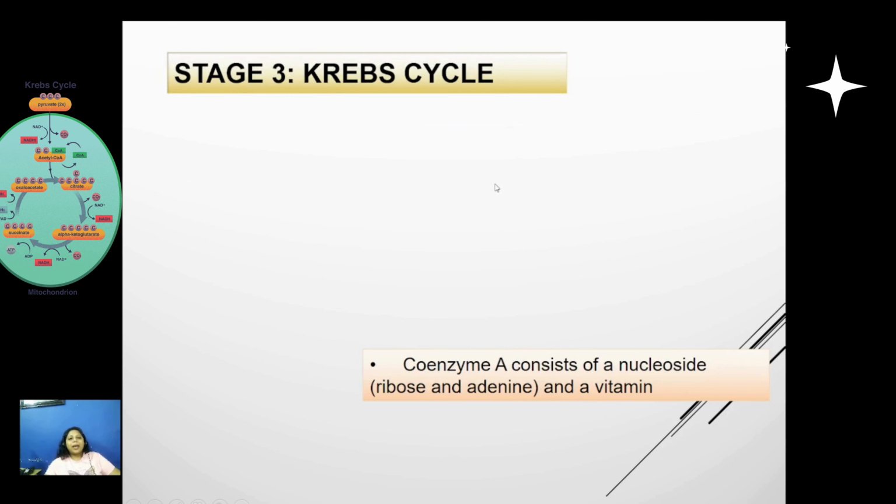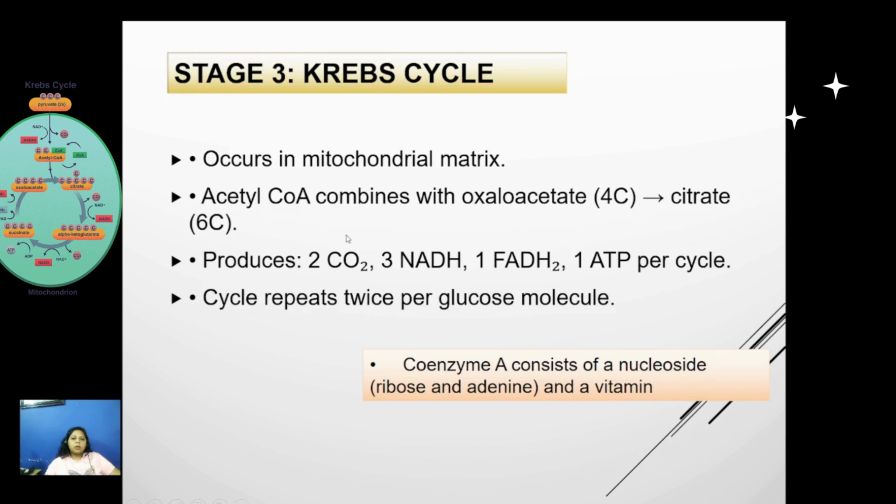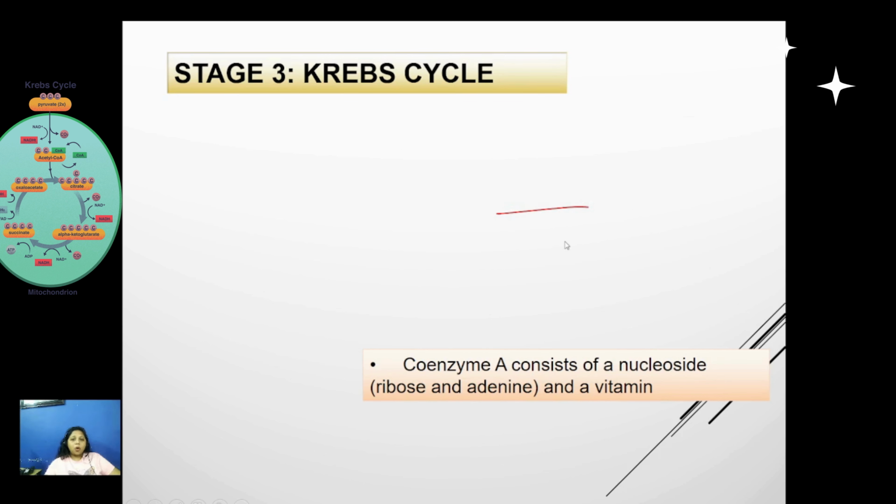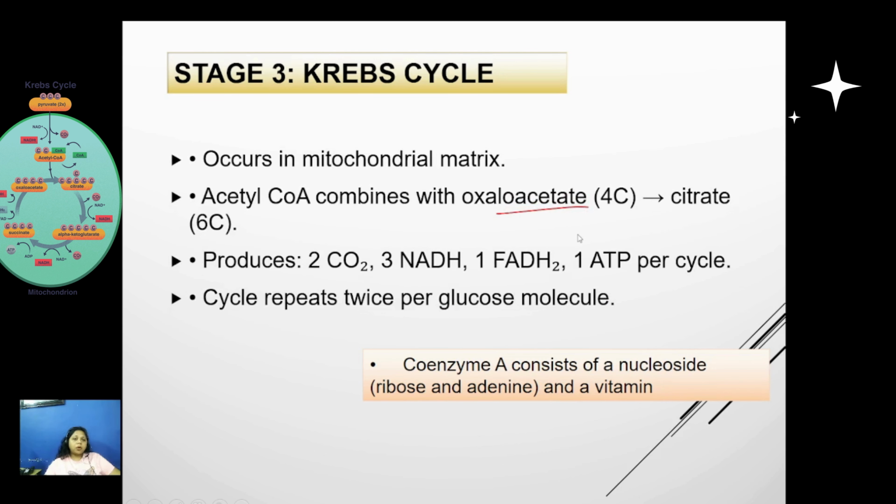Now we have acetyl CoA. That acetyl CoA is going to combine with oxaloacetate, which is a product of the Krebs cycle. These two are going to make citrate. Definitely oxaloacetate has to be there no matter what, because it's a cycle.